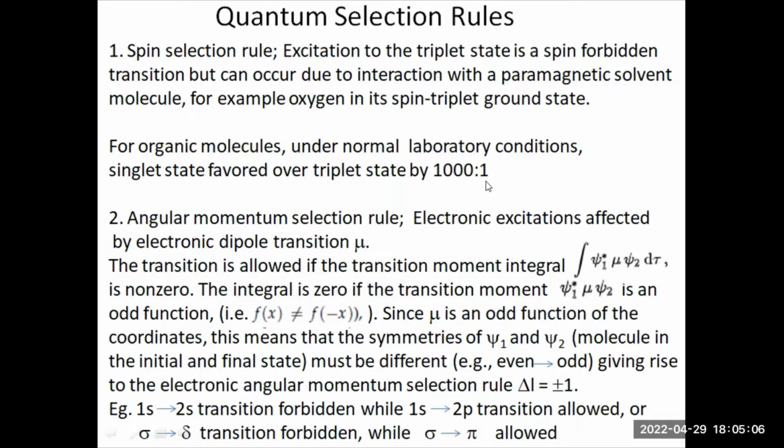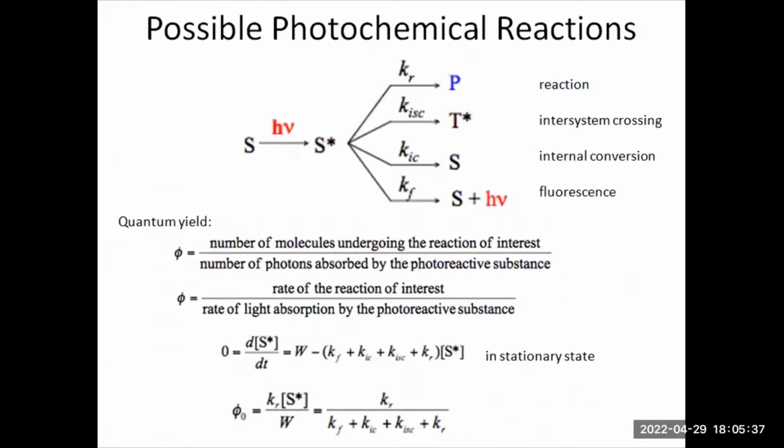And so the system can interact with the solvent molecules, and we can, for example, change the spin from a singlet to a triplet by, for example, interacting with an oxygen molecule in its spin triplet ground state, which could be in the water, in the solvent, for example. So these only partially obey these selection rules, but they give rise to different probabilities of the possible interactions which can occur.